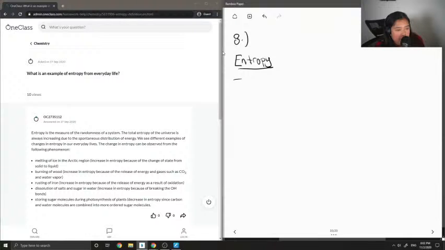Basically, it measures like the randomness of a system. Entropy is also a spontaneous reaction. I'll also give some common examples.